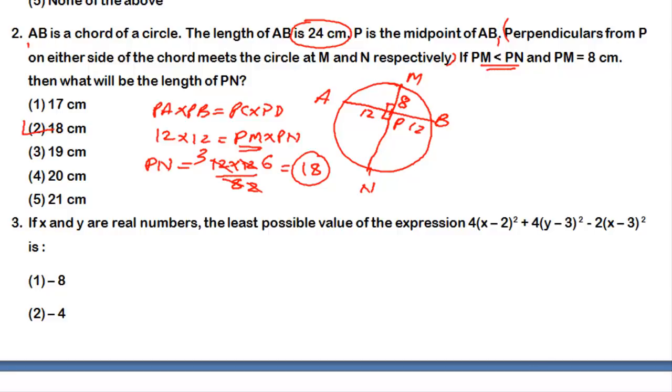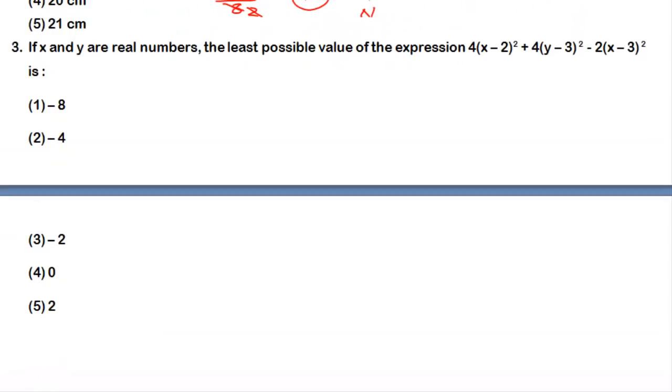Next I'll move to the third question, and here we need to find the minimum value, right? Now the expression is this. The point to note here is that many a time students jump and try to put the value of x such that the expression becomes 0.